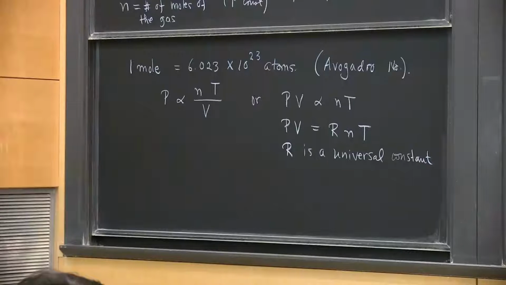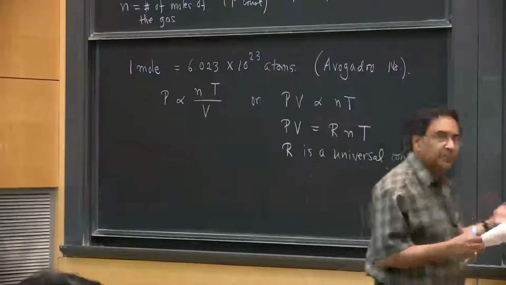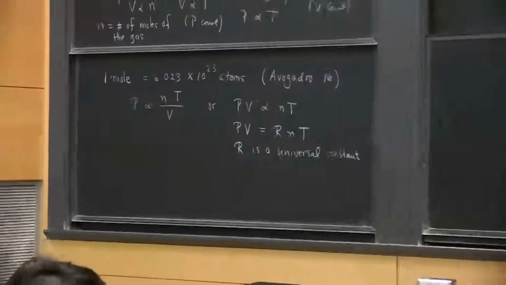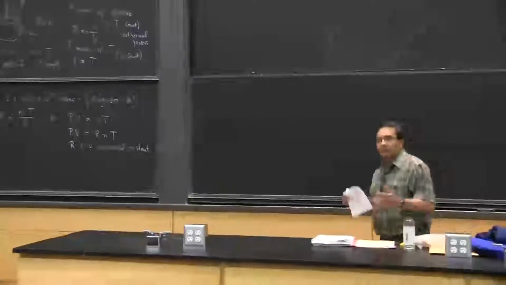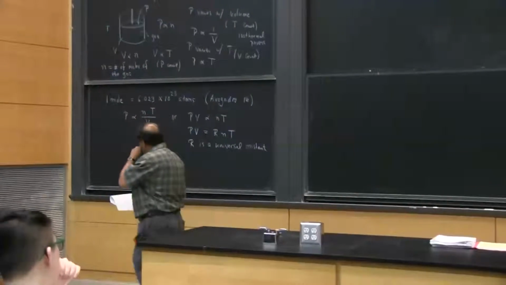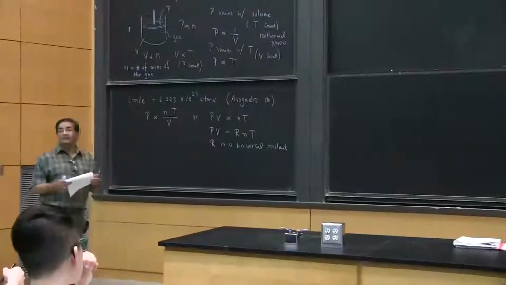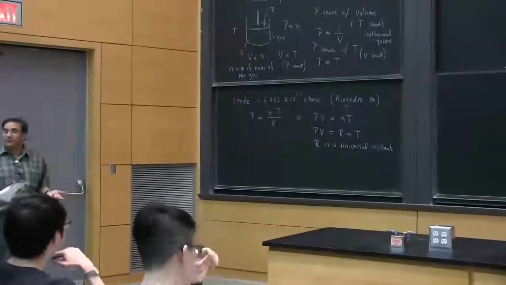Now you might be surprised that how come I take any gas and just do some simple checking of how pressure and volume vary and how temperature and volume are related, and what pops out is a universal constant. It's a constant anywhere in the universe. Well, part of the reason may be that material is material no matter where you go in the universe.